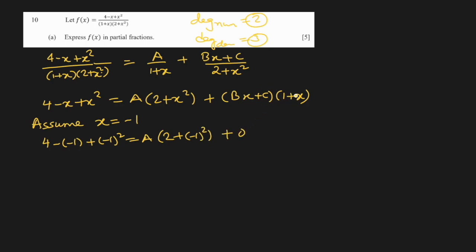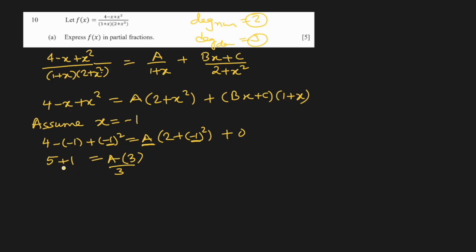This whole thing will become 0 because this is 0 multiplied with bx plus c. That is the essence of this, so that we can get the value of a. So 4 minus minus 1 is 4 plus 1, 5. And this will be positive 1, so plus 1, equal to a. Minus 1 square is positive 1, so 2 plus 1 is 3.